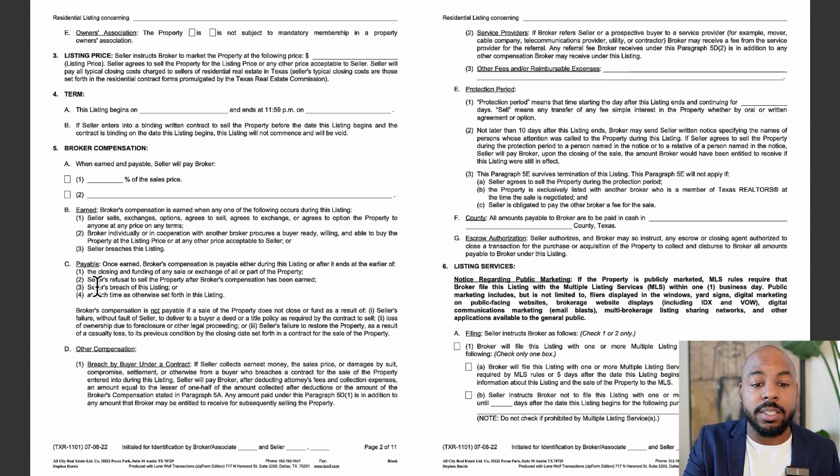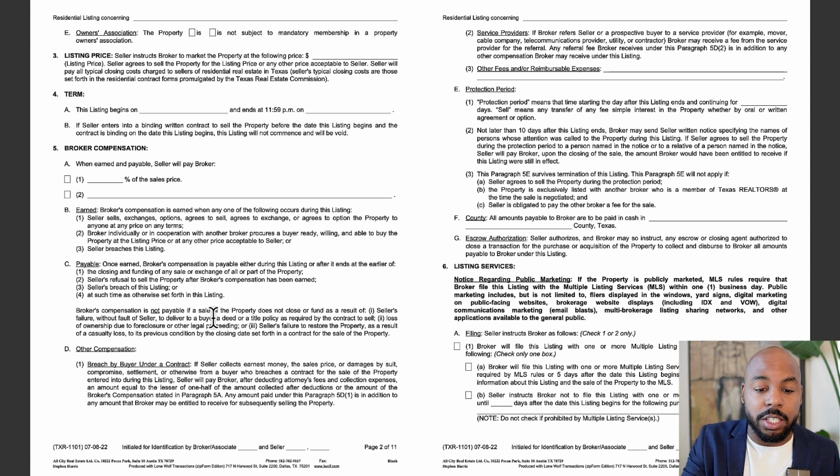And it says that the commission is payable once we have basically procured that buyer. And it's not payable if the property does not close as a result of we can't deliver the deed or the title policy. So if something is amiss with the ownership, then my commission is not due and we have to terminate the deal. So just keep that in mind.